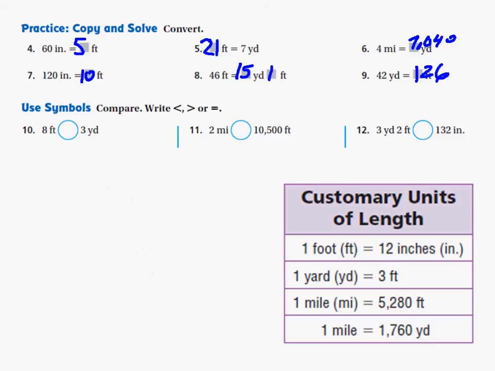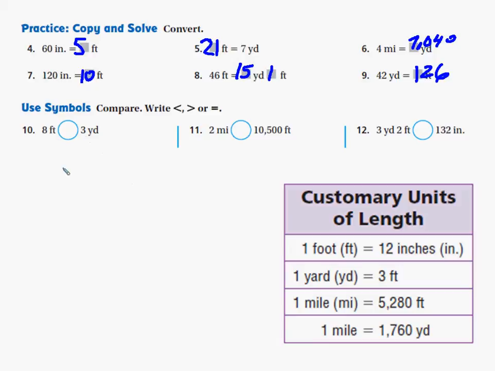Now we have these problems down here. We have these types of problems on the homework where it gives you two amounts and you have to tell which one's bigger. Well, the problem is one's in feet and one's in yards. I can't just look at the numbers and say, well, 8's bigger than 3. I have to change either feet to yards or yards to feet. Usually I'll take the bigger one and convert it to the smaller one.